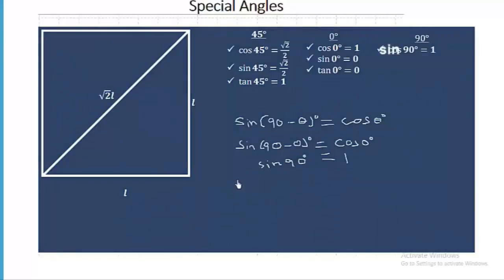Then also, to find cos 90 degrees, we use the relation, then theta is equal to 90. So theta equal 90, you put it into this relation.